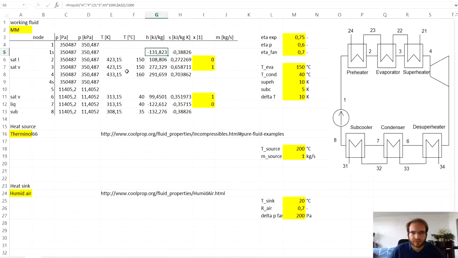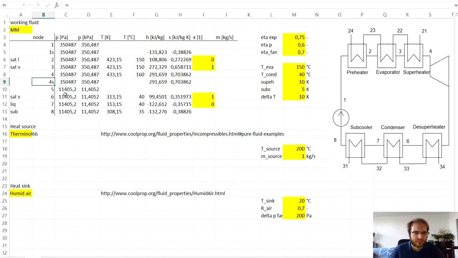Let's do the same with the expander. So again, for the ideal expander, the entropy stays the same, and the enthalpy after ideal expansion will be a function of pressure and the entropy.